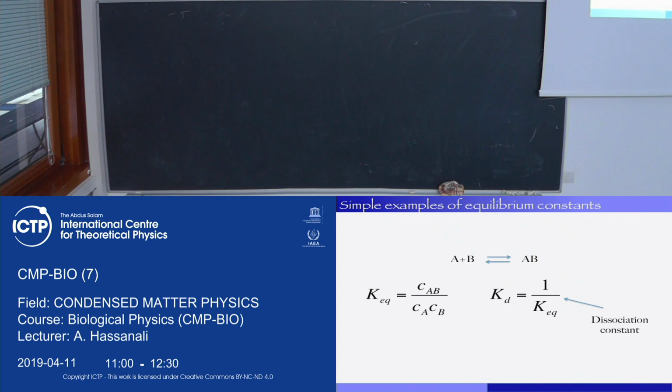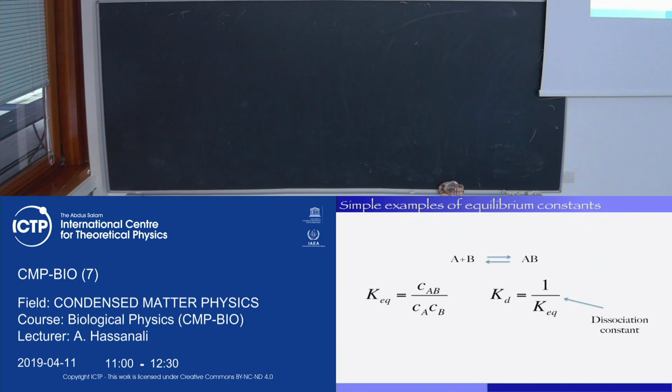Let's say a particle that can exist in two states. This is the simplest system to think about. A particle can exist in two energy states, and it has a certain probability of being in one energy versus another.